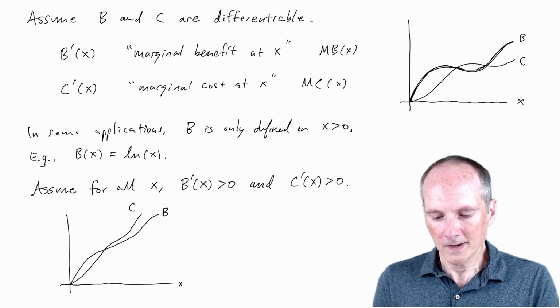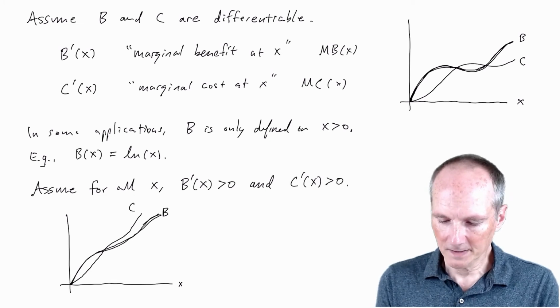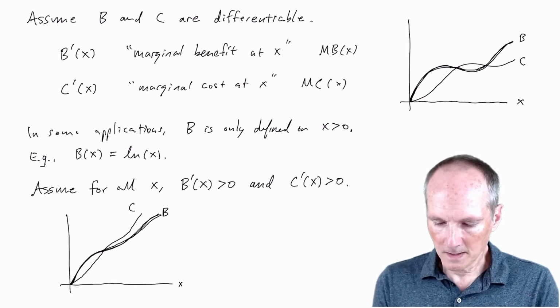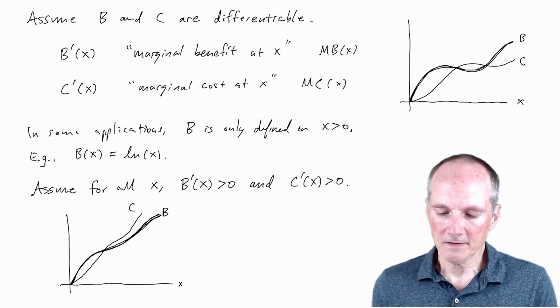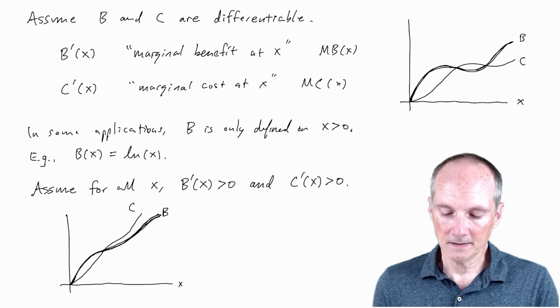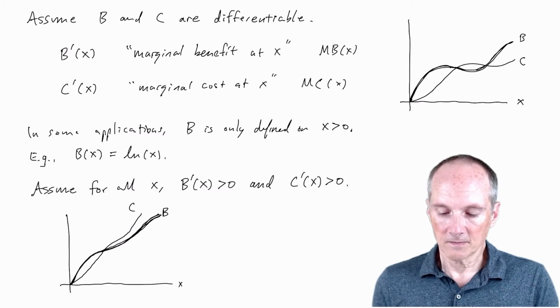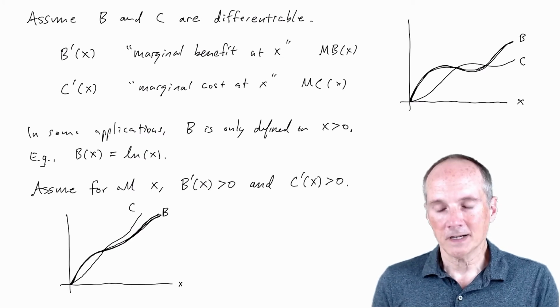Notice though, the way I drew these, they're still kind of wiggling. And again, there's nothing inconsistent about that, but in a lot of the applications that we're thinking of, the natural assumption is that these benefit and cost functions have a nicer kind of curvature.